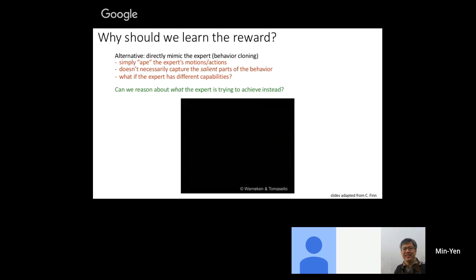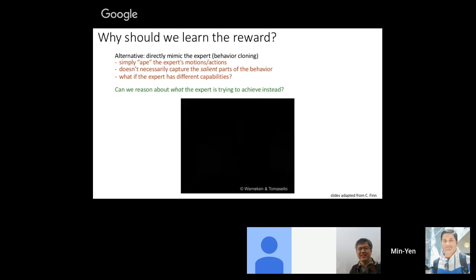It is better to know the reason behind what the expert is trying to achieve, and to better learn and restructure the reward, performing the goal using its capability, which is greater than the capability of the expert. So that is the goal that we want to achieve, to learn and make the reward better.